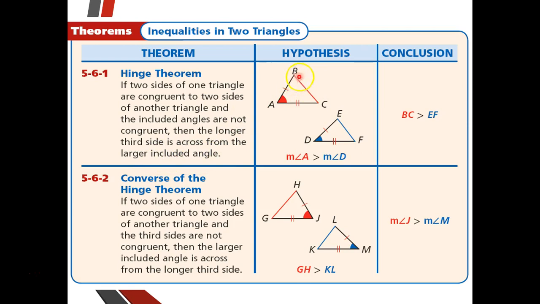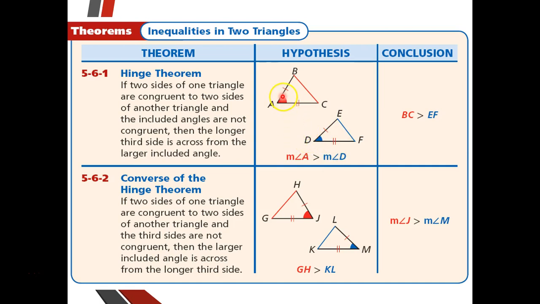Okay, so let's look at these two triangles right here, triangle ABC and DEF. And what this is saying is if we have AB and DE congruent and AC and DF congruent, so two pairs of sides of both triangles are congruent to each other.